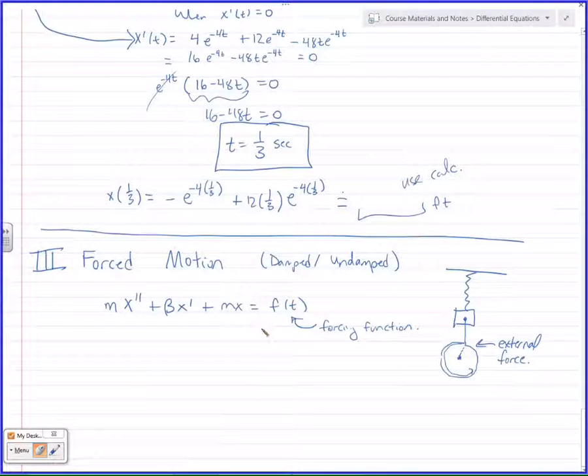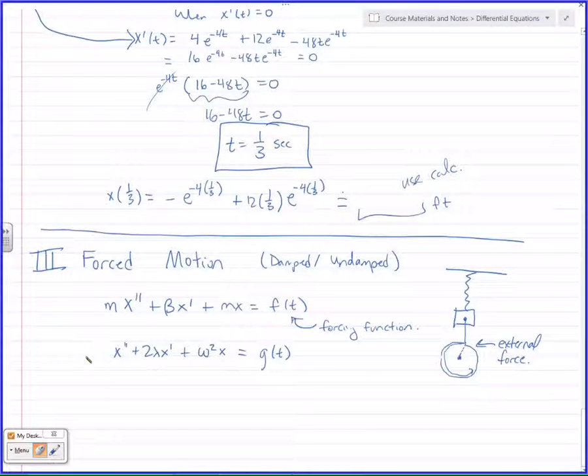So the only thing different that you've got to do now is we might still write this as x double prime plus 2 lambda x prime plus omega squared x equals some g of t. Notice in this case the only difference now is g of t is f of t divided by the mass.